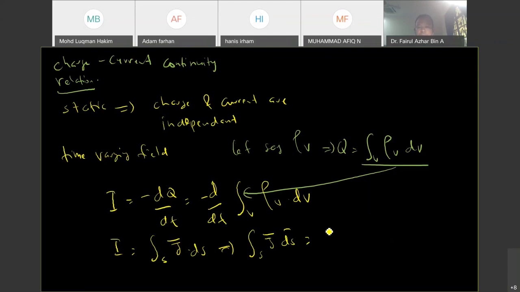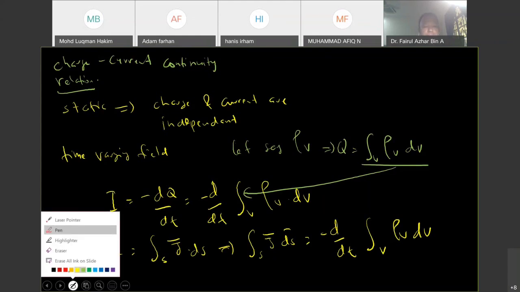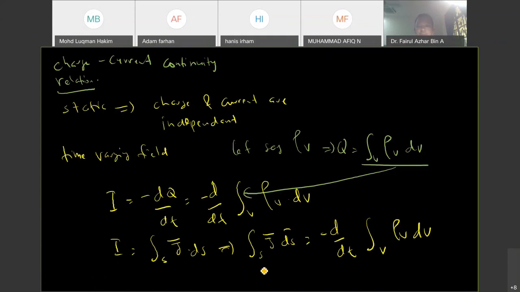This one is not a closed integration, just a surface integration of J dot ds. If we compare both expressions, then we will have the surface integration of J dot ds equal to minus d divided by dt of the volume integration of rho v dv. With some mathematical derivation, in the end this expression can be written as del dot J equal to minus del rho v divided by del t. This is the expression that represents the continuity of charge and current, or the charge current continuity relationship.